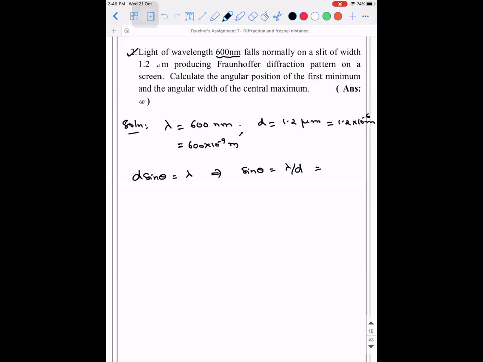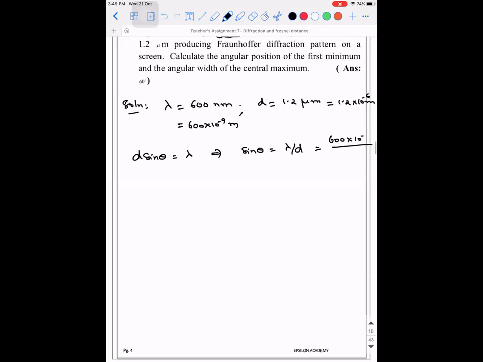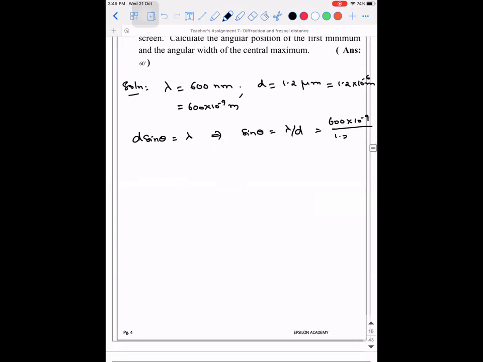What is lambda, guys? 600 into 10 power minus 9 divided by 1.2 into 10 power minus 6. That will be 600 divided by 1.2 into 10 power 3, that is 600 divided by 1200. Answer will be 1 by 2. So theta will be 30 degrees.